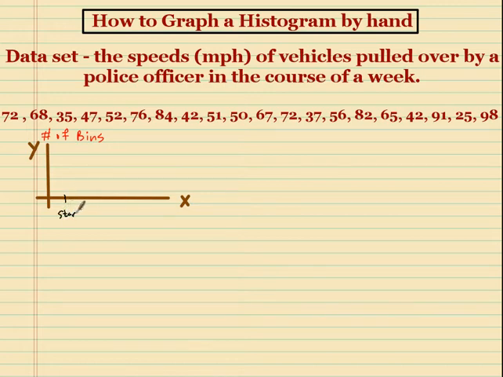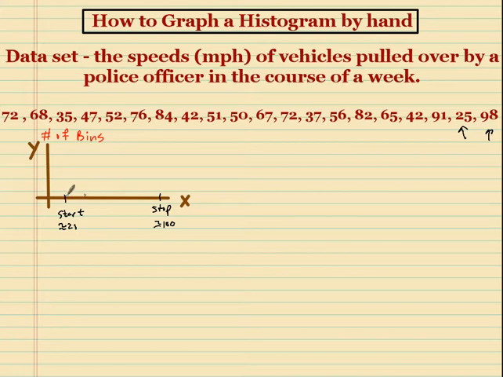The start's going to be somewhere around your lowest data point. Well, 25 is my lowest data point, and I think 95 is my highest. So it's going to start somewhere around 25 and stop somewhere around 100.